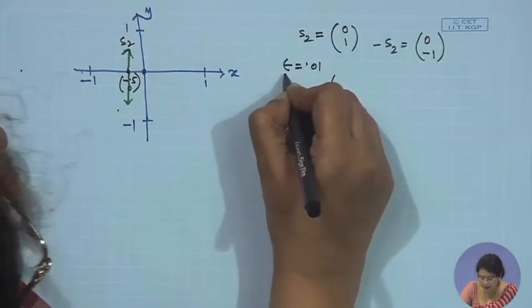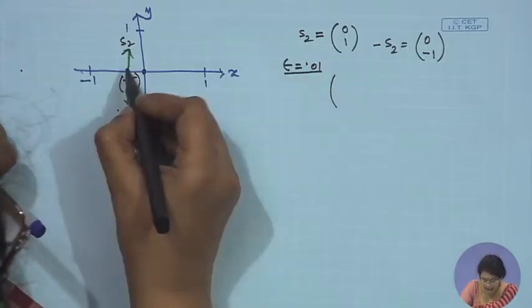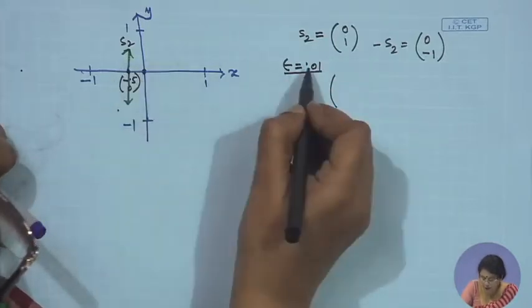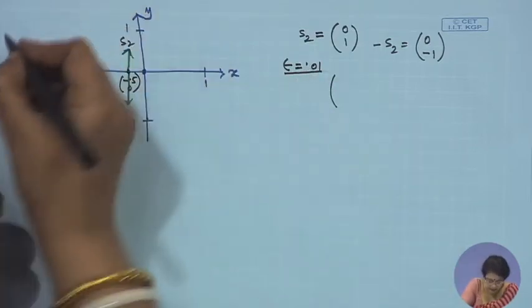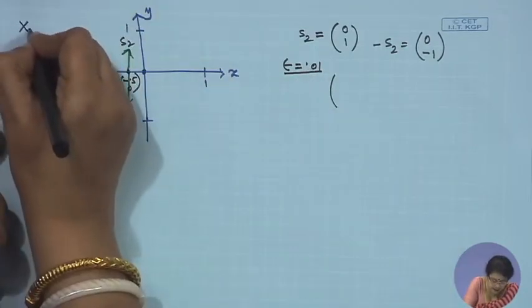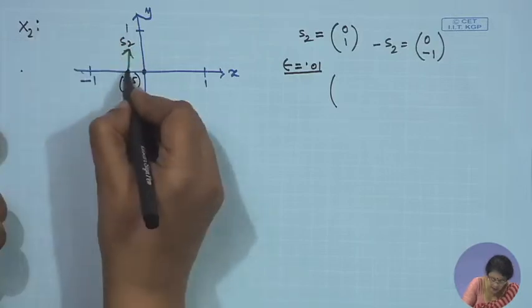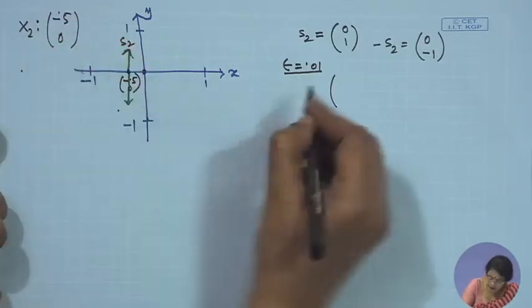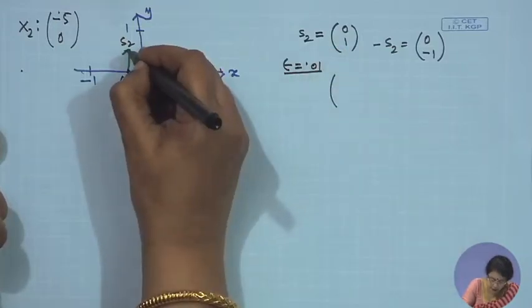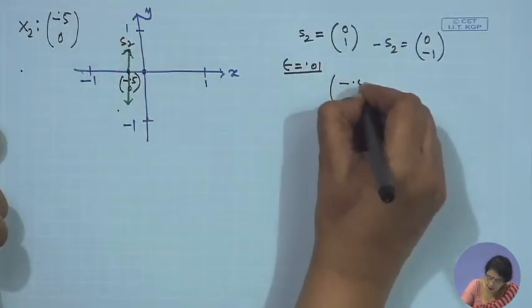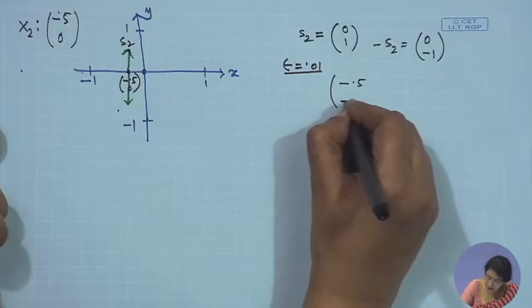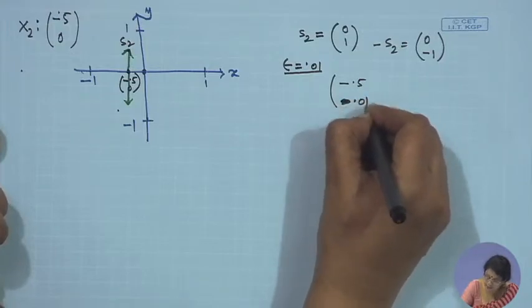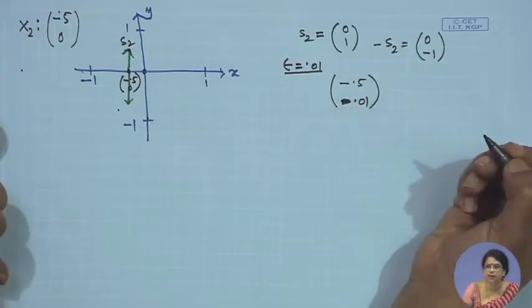If I just consider a small shift of y by 0.01, then my initial point was x2, that was minus 0.5, so here my point would be minus 0.5 plus 0.01.